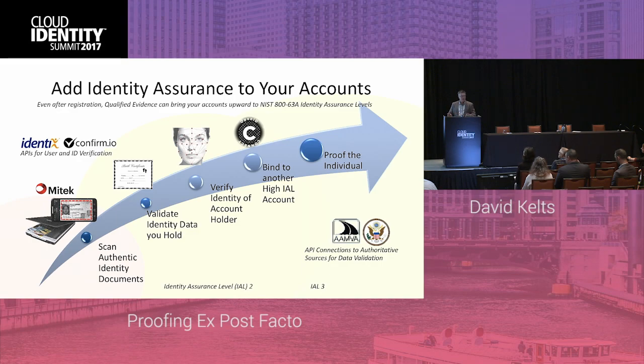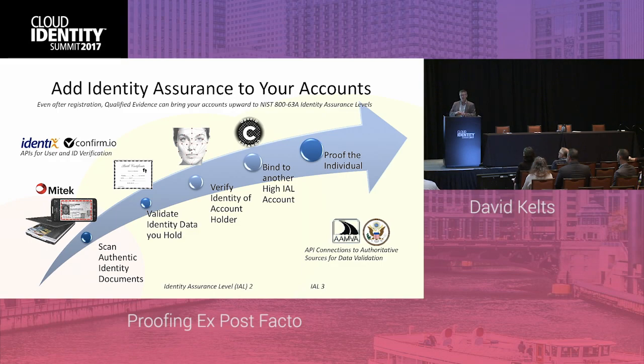Take away that liability for yourself and bind it well to another account. Or even take that a step further. I don't want identity accounts. I don't want to hold the data. I don't want the liability. I'll accept an OpenID, and accept it externally, at the level of assurance or the IAL that you want.